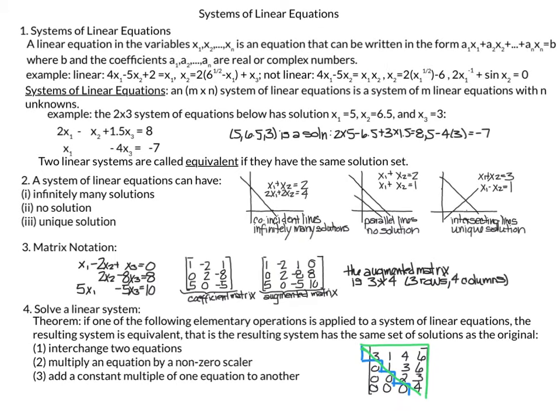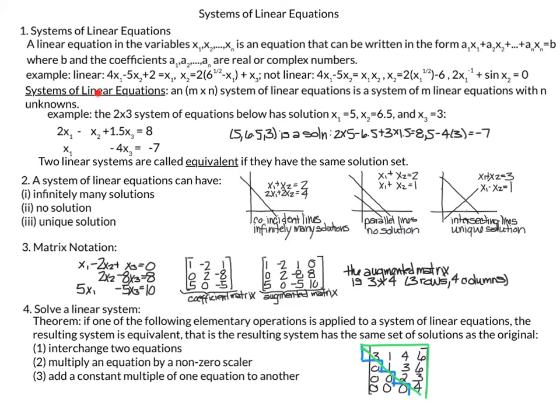The next one, x2 equals 2 x1 to the 1/2 minus 6. In this case, the variable is raised to the 1/2, so this is not linear. Here we had a constant raised to the 1/2. That's okay. And then last we have 2x to the minus 1 plus 6 sine x2 equals 0. This is not linear for two reasons. This x is raised to the minus 1, and also because we have a sine x.